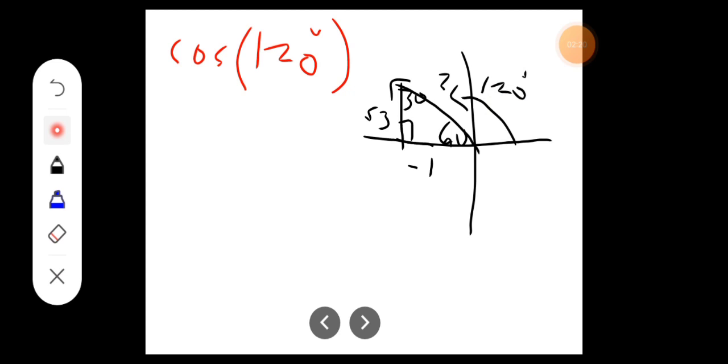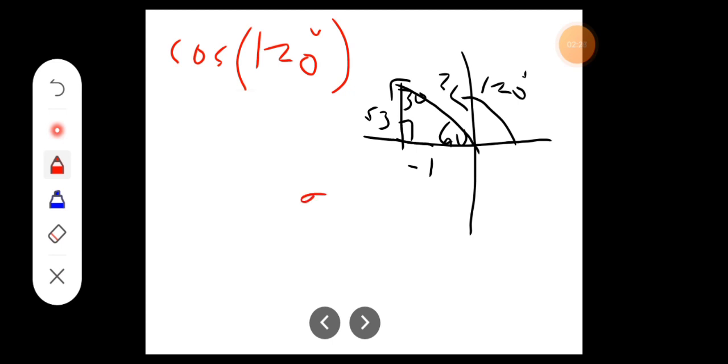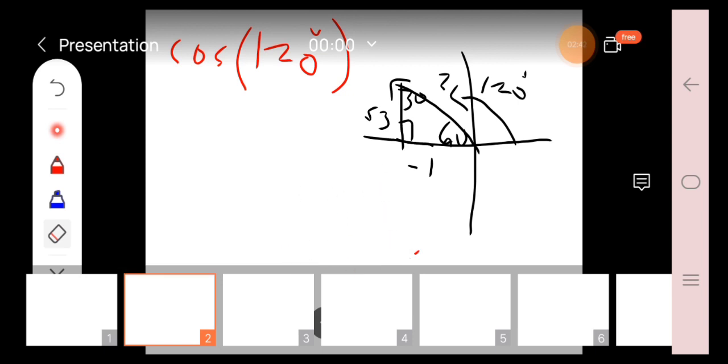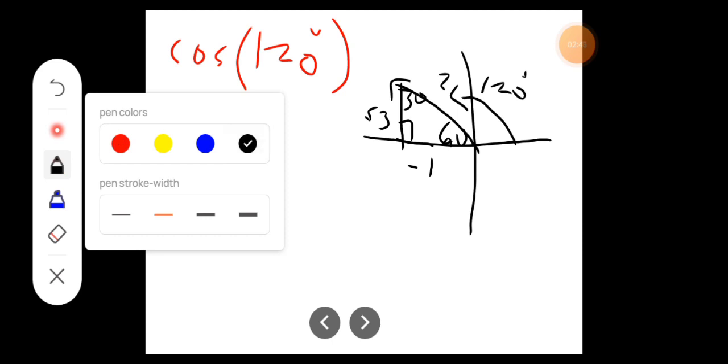Cosine, we know, is adjacent over hypotenuse. So cosine 120 is going to be negative because it's in quadrant 2.